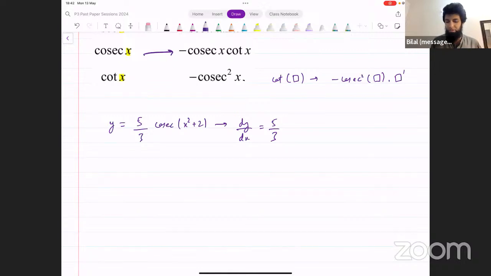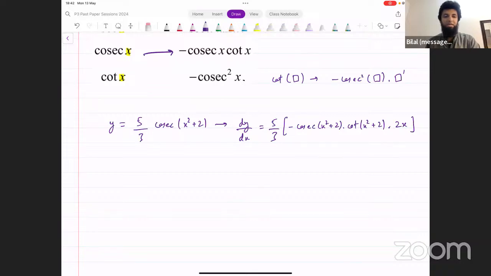So it becomes minus cosecant of this same expression, which is x square plus 2, into cot of this expression, which is again x square plus 2, into derivative of x square plus 2. What's that? That's 2x. This is going to be differentiation of this thing.